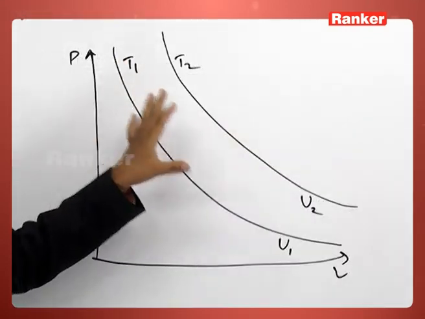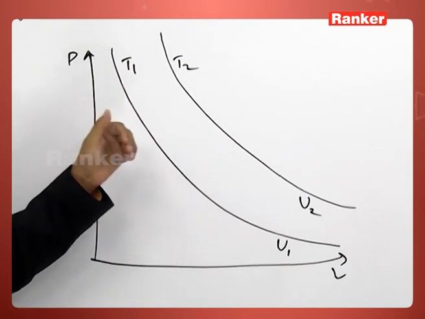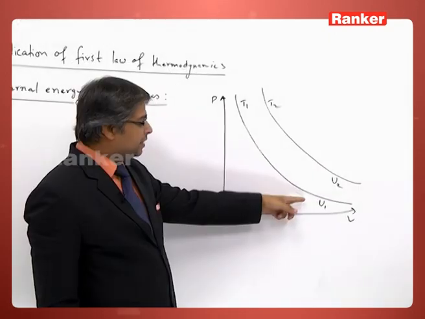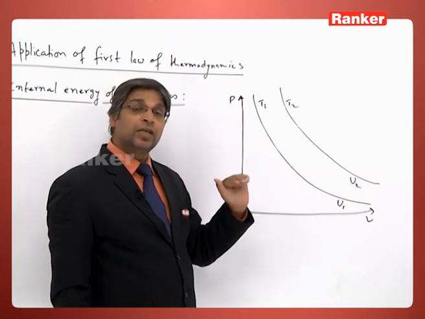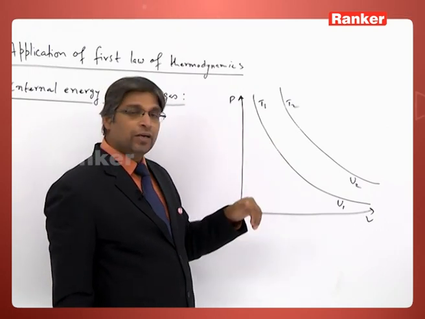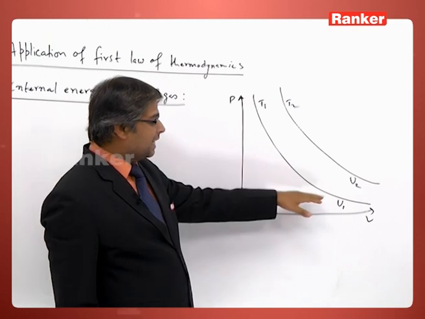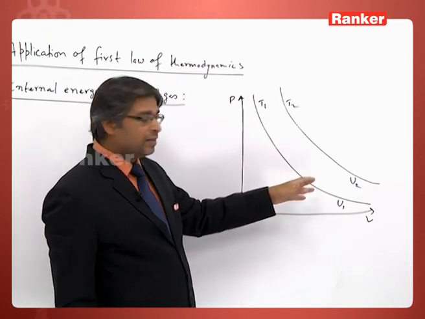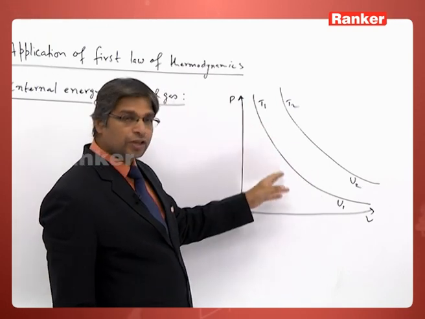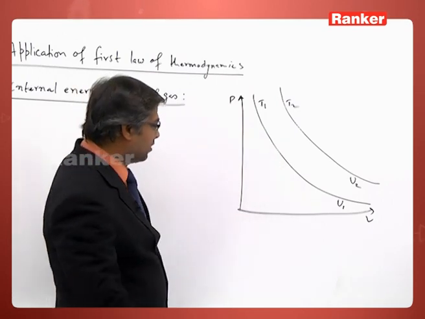This is valid only for an ideal gas. For other types of systems, the internal energy may not be a function of temperature only. It may depend on V also. But for an ideal gas, internal energy is a function of temperature according to kinetic theory.